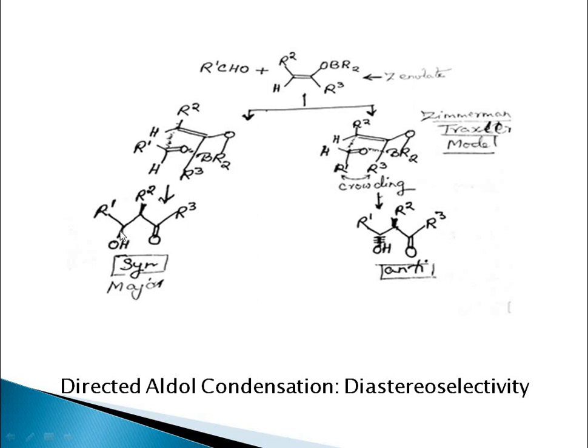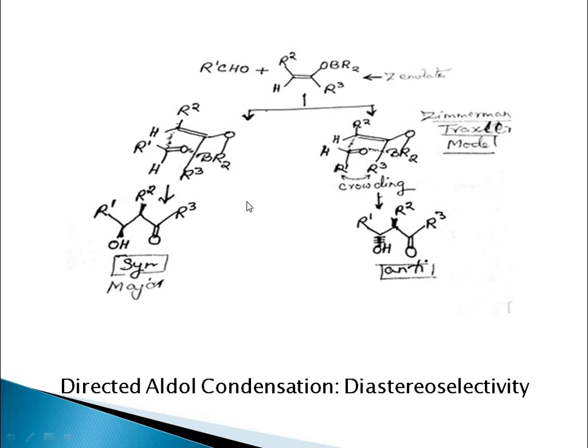So it will be R1, C, OH, C, the new bond which is formed, and R2. So these two, R2 and OH, along this carbon bond which has been formed, will also be cis or syn to each other. And this will be the major product.